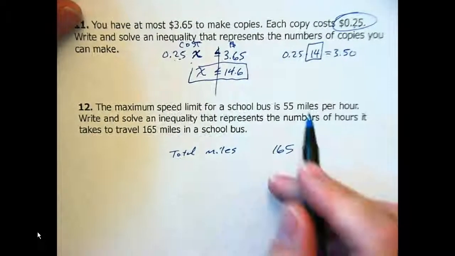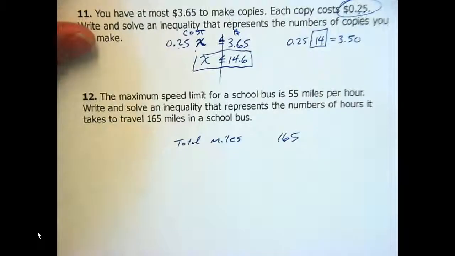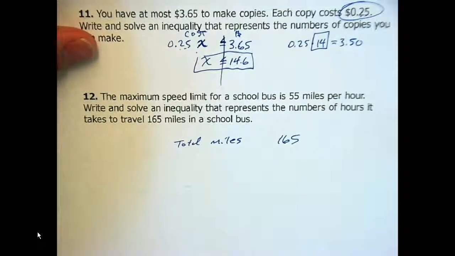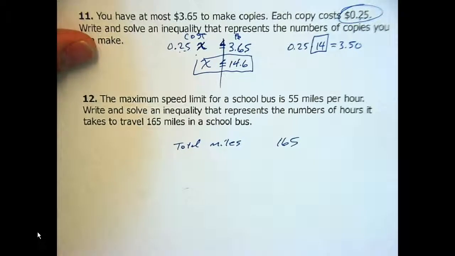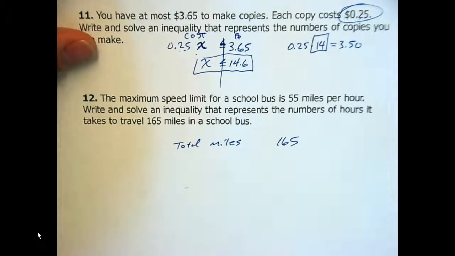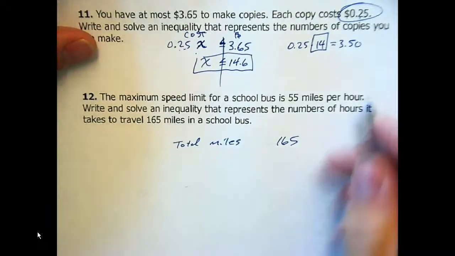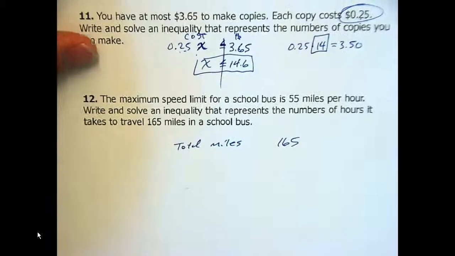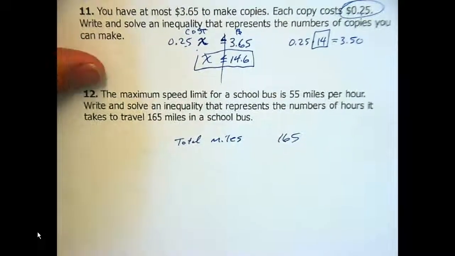So Gunner, how could I figure out how many miles I've traveled in 1 hour? Okay, so you're like dividing right now. So in 1 hour, how many miles do I travel? 55.